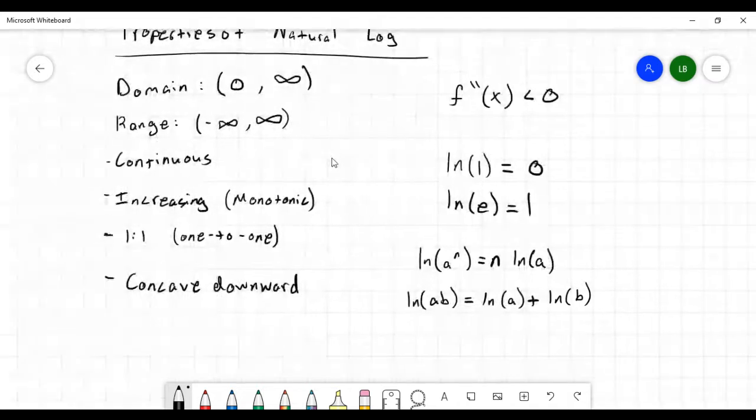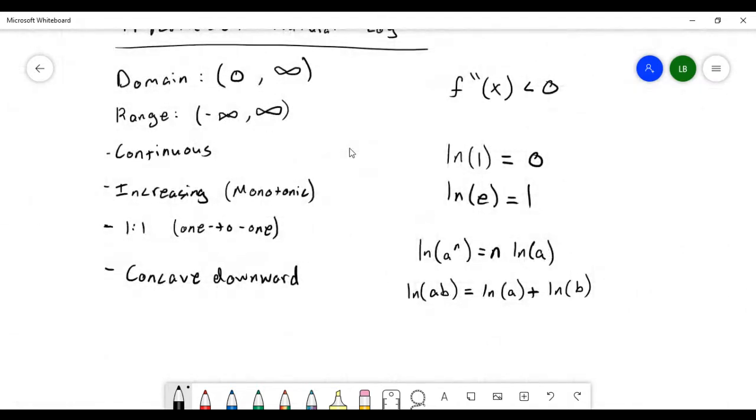And additionally, the quotient rule for logs, where you can split division inside the log into subtraction outside the log. All right, do all of these properties make sense?